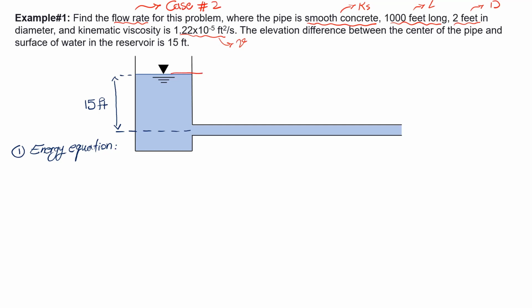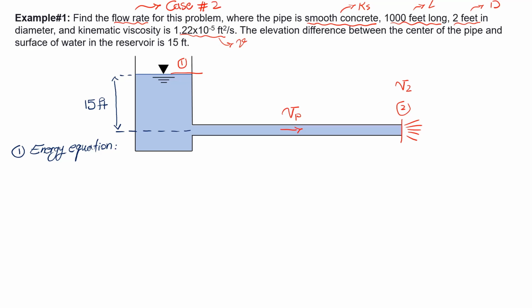I'm going to select this as section 1 and over here section 2. Why? Because these are the surfaces that I have most information. Velocity in the pipe is going to be V sub P, and velocity of jet of water that is going out of here is going to be velocity 2.